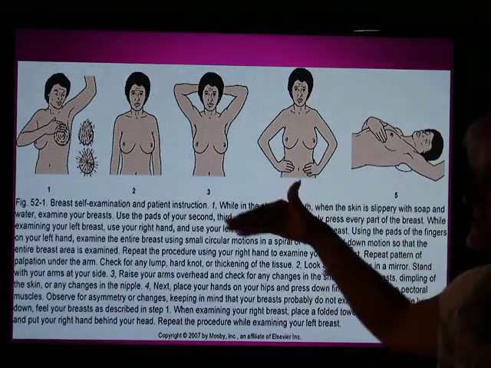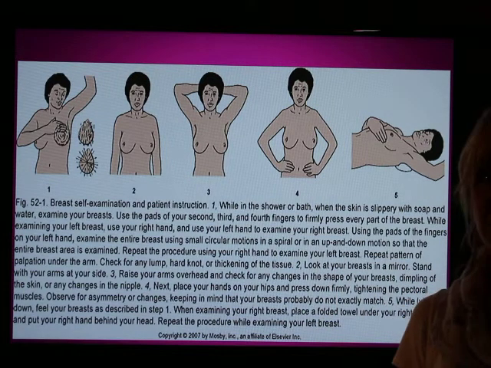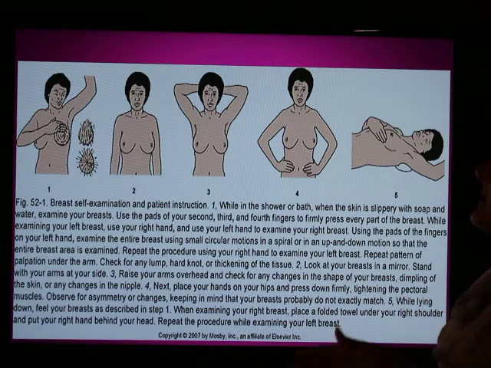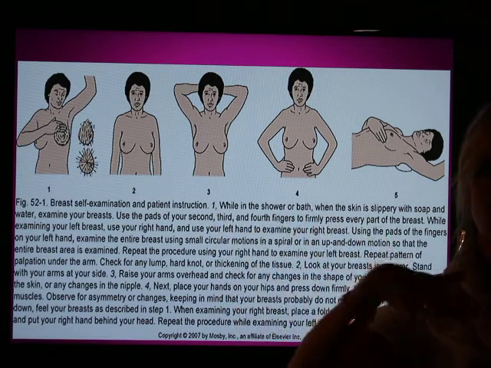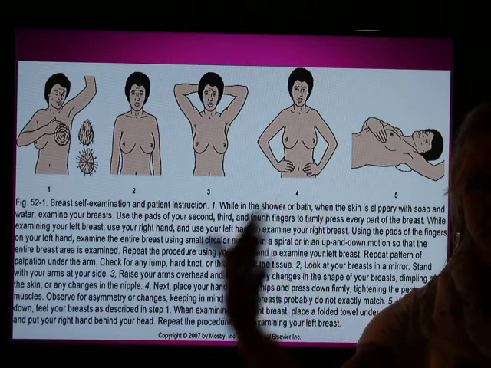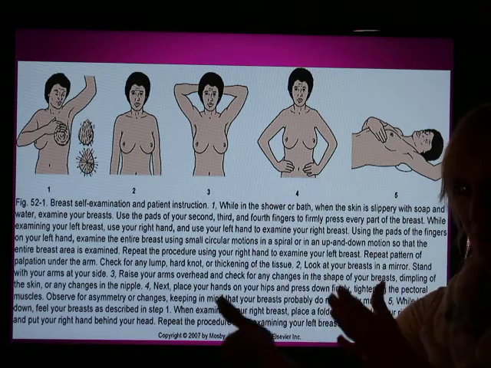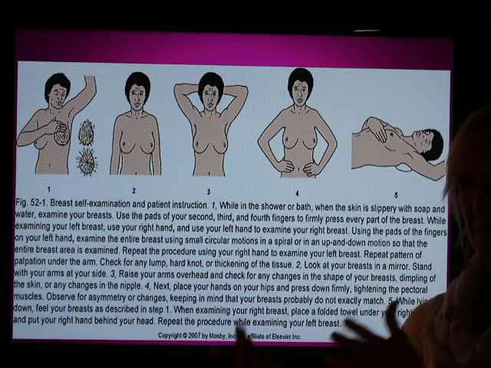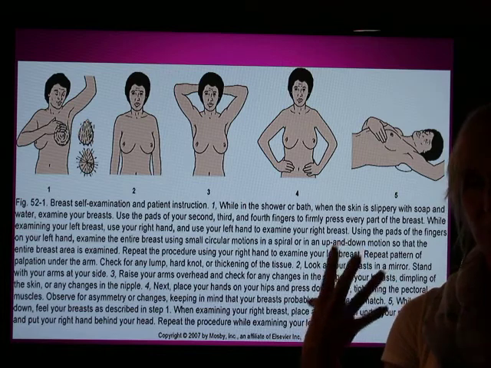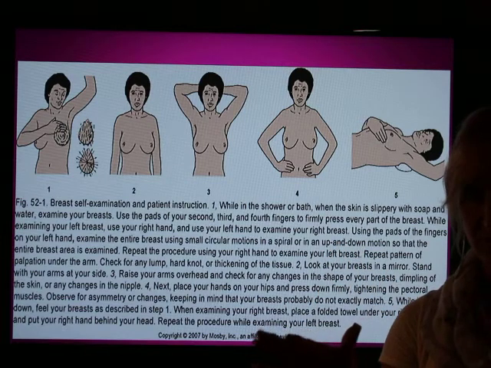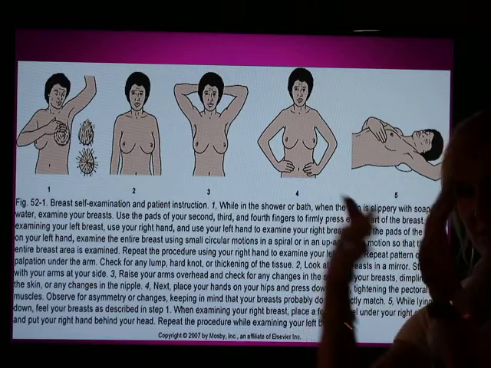This is how you would teach your patient to do a self-breast exam. It should be done every month, usually 10 days after the start of the period. The reason is you don't want to do it the week before a woman starts her period, because the breasts tend to get a little fuller and more painful. You don't want to do it during the period, but usually 10 days after the start of the period.